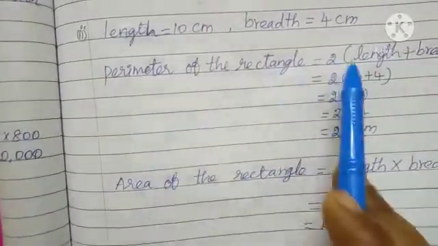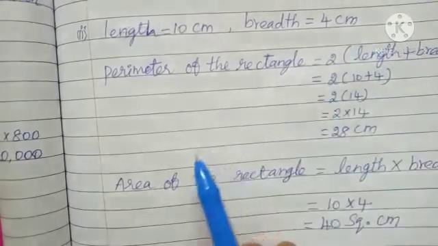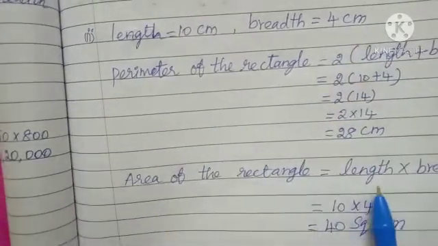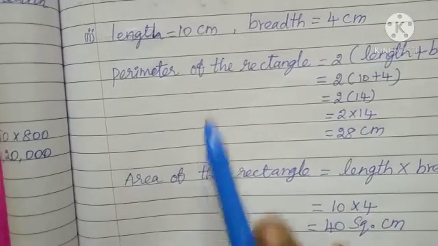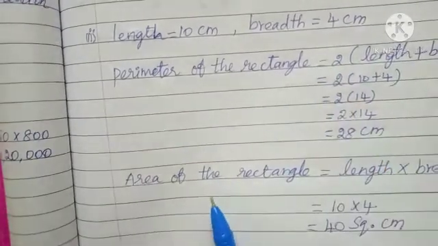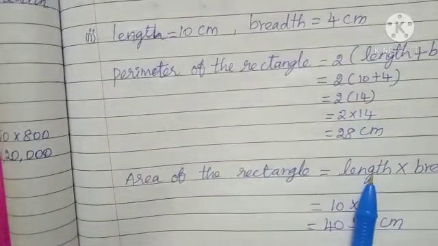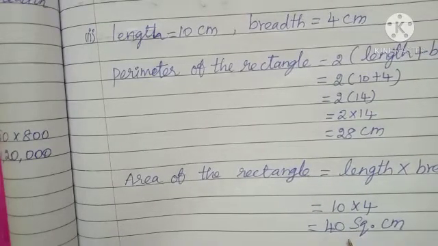Next, length and breadth are given to you, so find the area. For perimeter use the formula 2 multiply length plus breadth, but for area use length multiply breadth. Perimeter means 2 times, but area means directly length multiply breadth. So 10 multiply 4, 4 tens are 40 square centimeter.